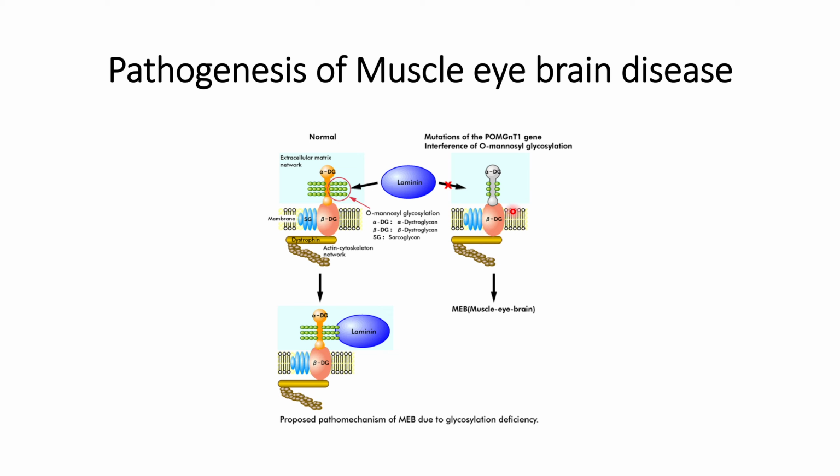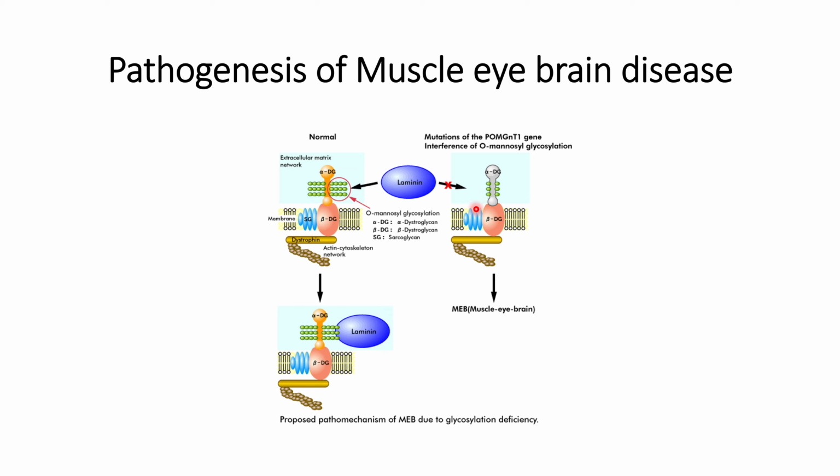In order to do so, people have identified the gene from patients affected with muscle eye brain disease, and they found that in 6 of the patients, this POMGNT1 gene is mutated at different sites.